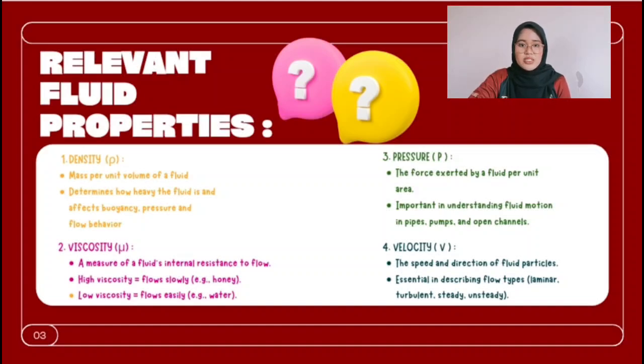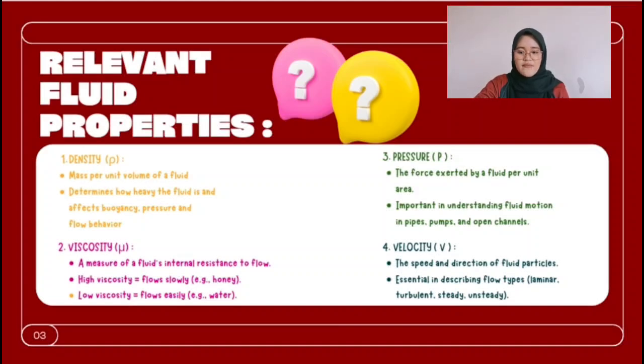The third one is pressure. Pressure is the force exerted by a fluid per unit area, in pascals or newtons per square meter. It is important in understanding fluid motion in pipes, pumps, and open channels.